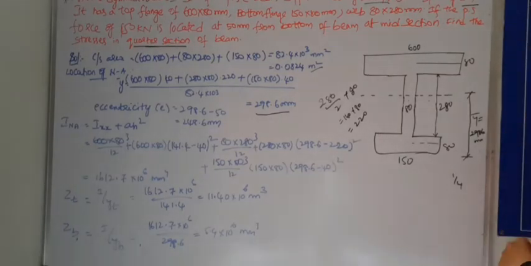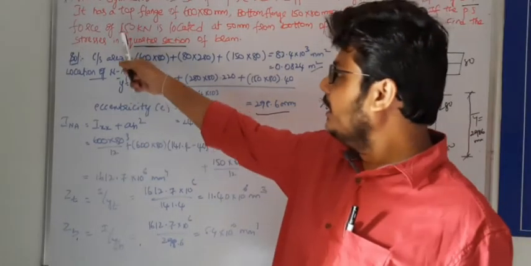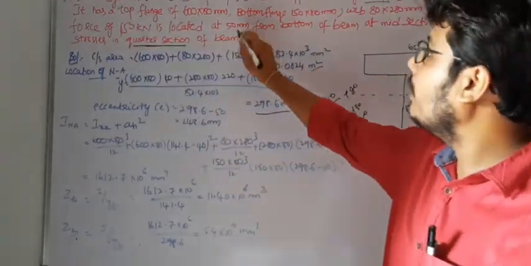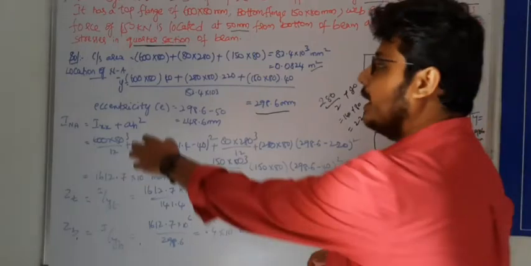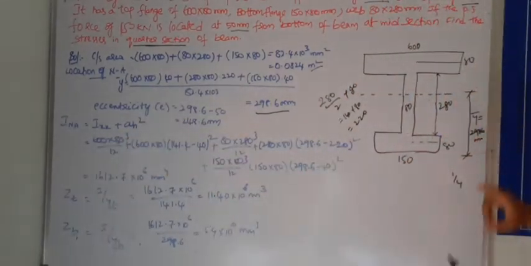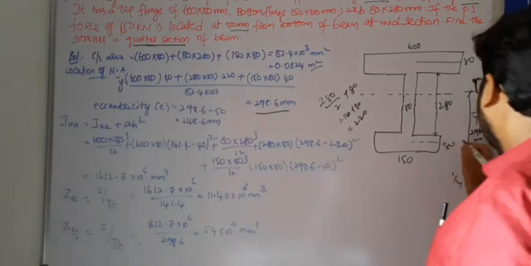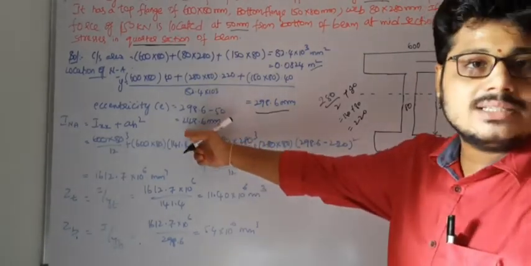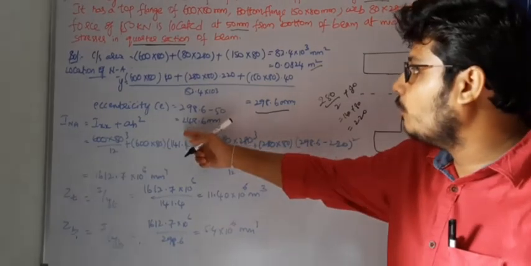Again, it has been given that the force is 150 kilonewtons, located 50 mm from the bottom. We want the eccentricity, so for this eccentricity we take 298.6 minus 50, and the eccentricity e value is 248.6.